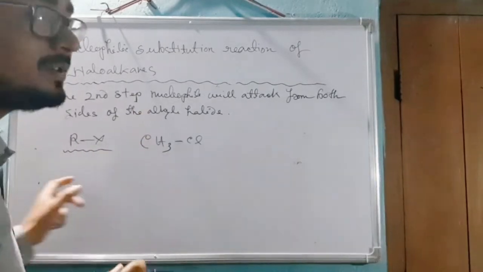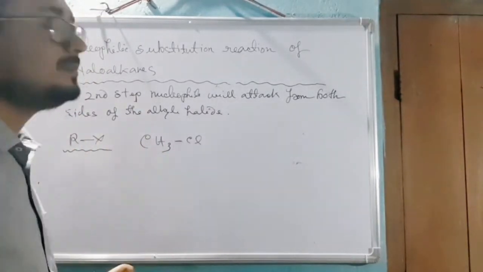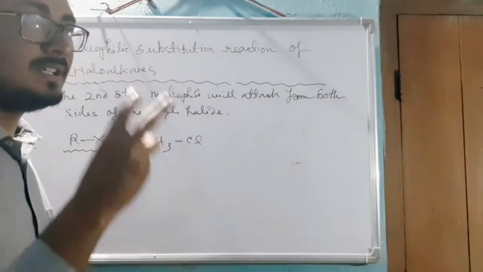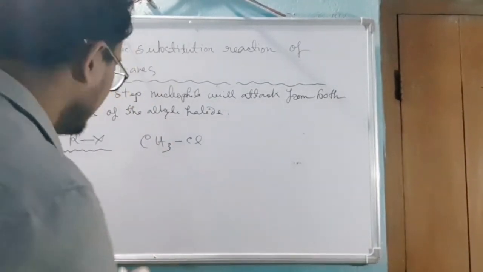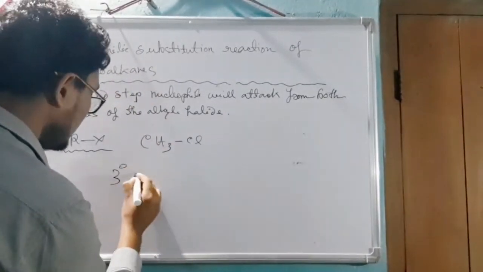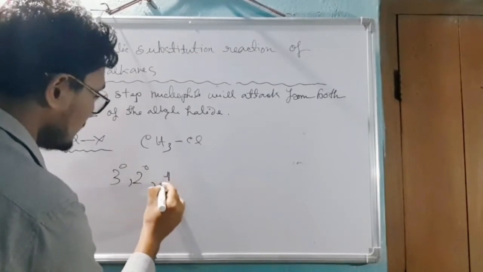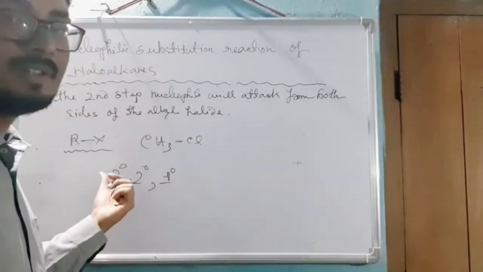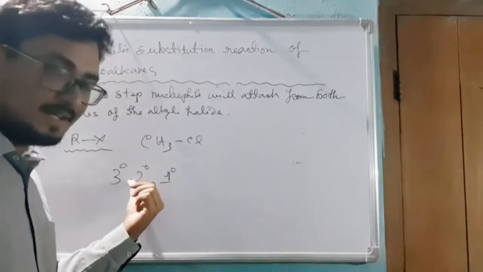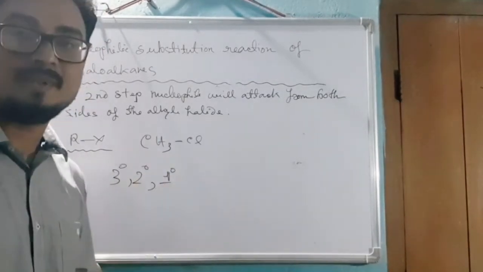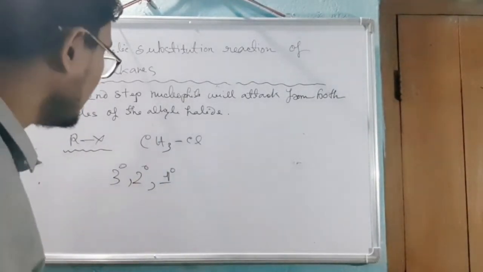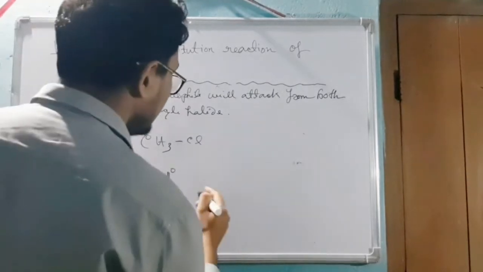Since the word carbocation has come up, we need to know one thing: how many types of carbocation are there. Three types of carbocation are there. 3 degree, 2 degree and 1 degree. This is called tertiary carbocation, secondary carbocation and primary carbocation. What is tertiary carbocation?